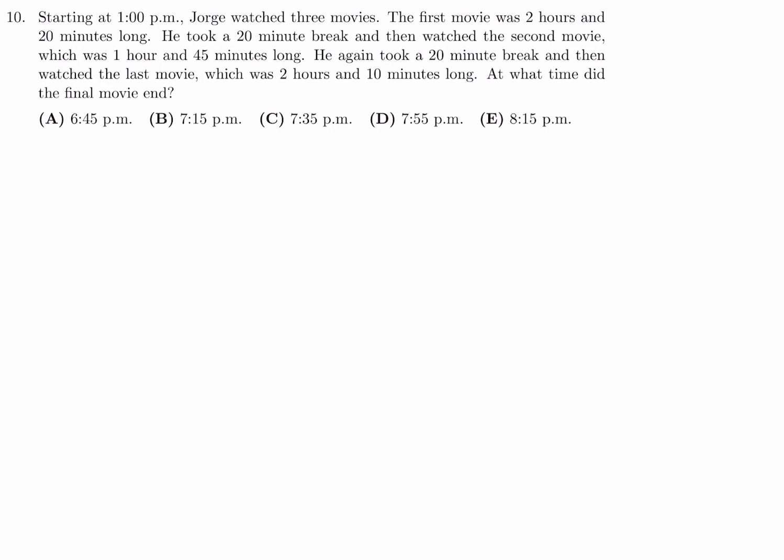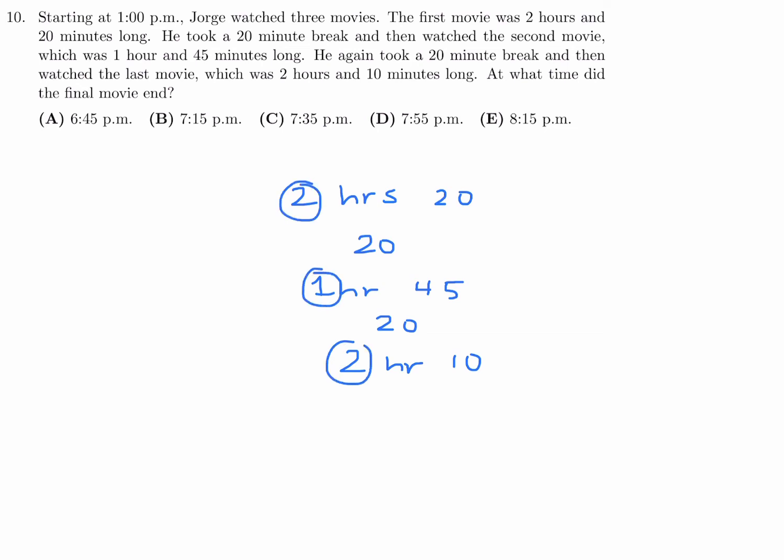All right, so let's add up all the movies and breaks. 2 hours and 20 minutes, then a 20-minute break, then 1 hour and 45, then a 20-minute break, and then finally 2 hours and 10 minutes. So let's add all this up. We have 1, 2, 3, 4, 5 hours. And then we have 20, 20, and 20.